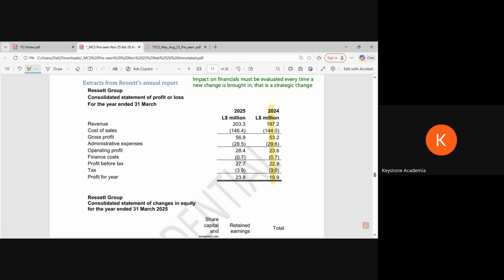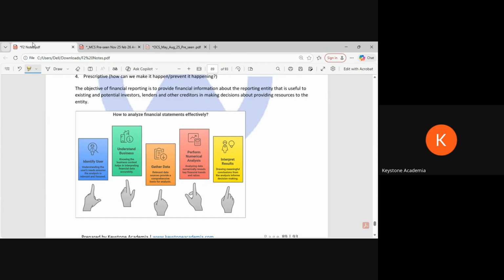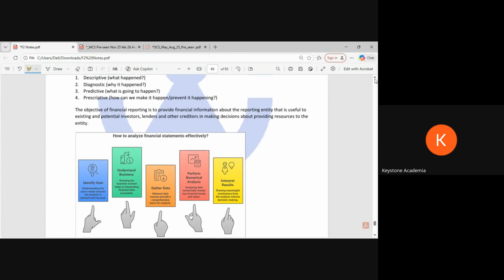And secondly, they have also given us two years for the computer as well. So this is helping us for number 3 and number 4. Predictive also, prescriptive. How can we make it happen in the future or prevent it?